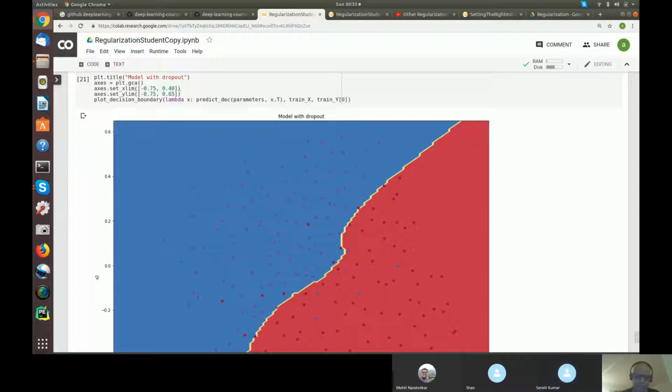The second was inverted dropout, where the hyperparameter is the keep probability, which is what percentage of neurons we keep in the model. So for a given forward and backward pass, you take a random set of neurons, the number of which decided by the keep probability, and we turn those random set of neurons off, their activations off.